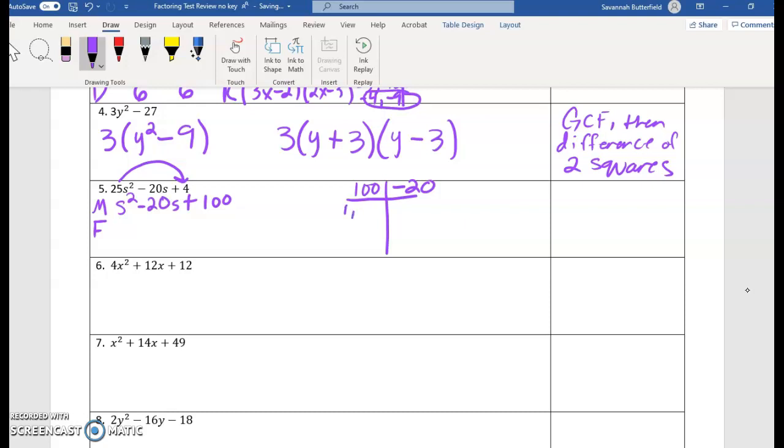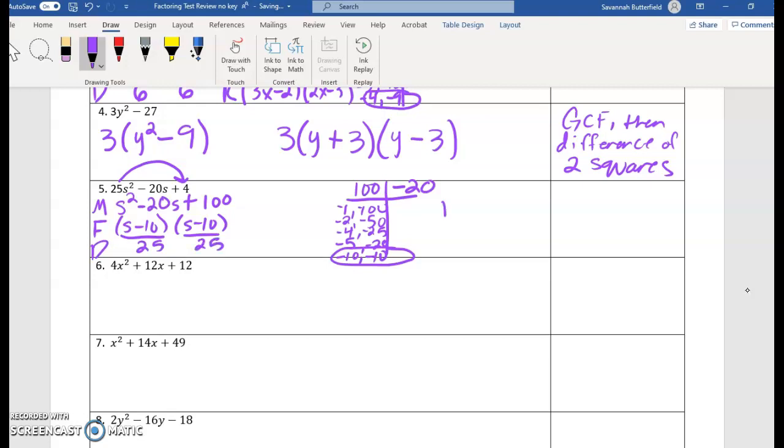So we have 1 and 100, both negative, negative 2 and negative 50, negative 4 and negative 25, negative 5 and negative 20, and then negative 10 and negative 10. We're going to choose the two 10s, so we have s minus 10 and s minus 10. We have to divide by that original a value of 25, that's D in MFDRR.